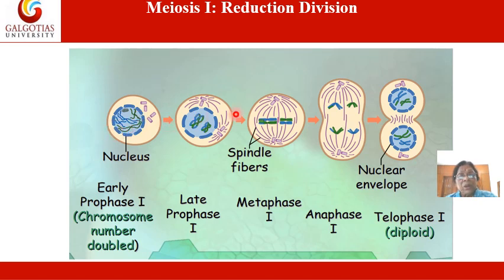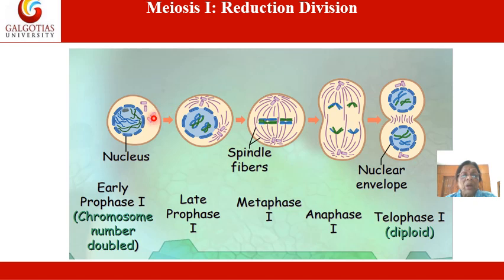Now, this is early prophase 1, and this is late prophase 1. See, at late prophase 1, what happens? The spindle becomes clear and the centrioles divide.